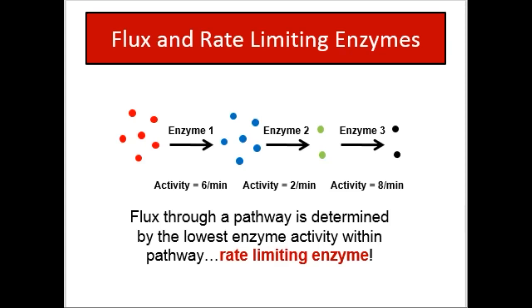Similarly, even if enzyme 3 is able to convert lots of these green molecules into these black molecules, how many green molecules we have depends solely on the activity of enzyme 2. Basically, this example just shows you how a rate limiting enzyme controls a flux or flow through a metabolic pathway.